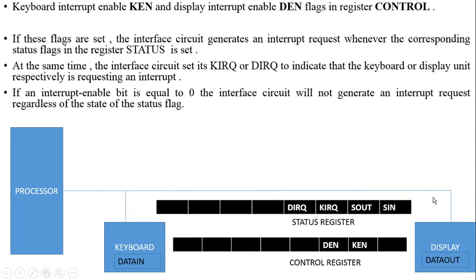That means this display is not a part of the currently executing program, so the display unit is not allowed to generate an interrupt request whenever the data out register becomes empty. So always remember this point.